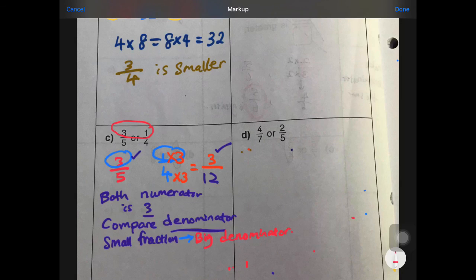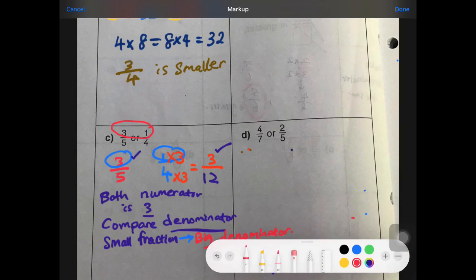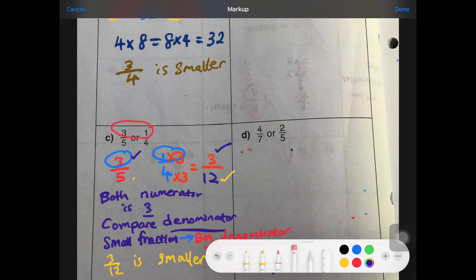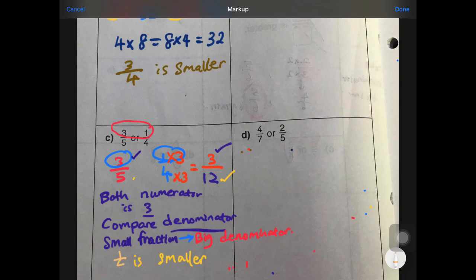So now which one is bigger, 5 or 12? 12. So can I write 3/12? No. You must write 1/4, because it's the original fraction. Okay, 1/4.